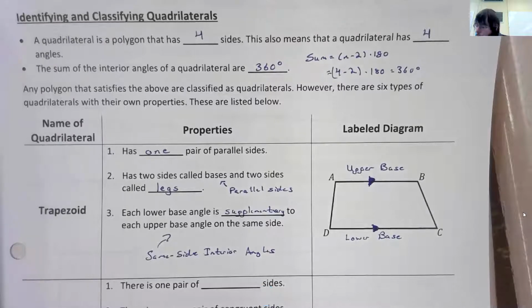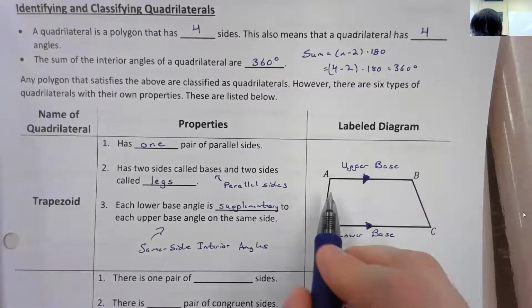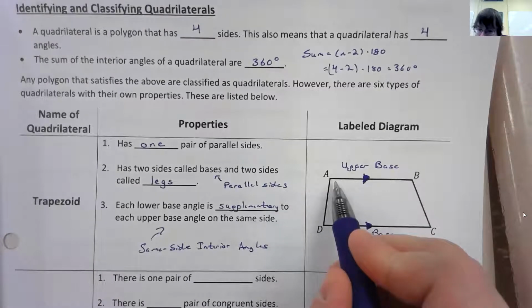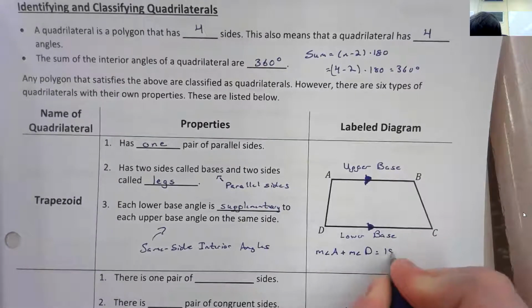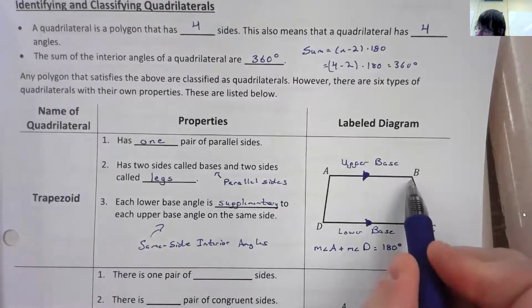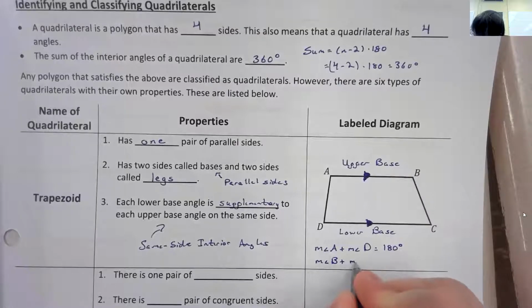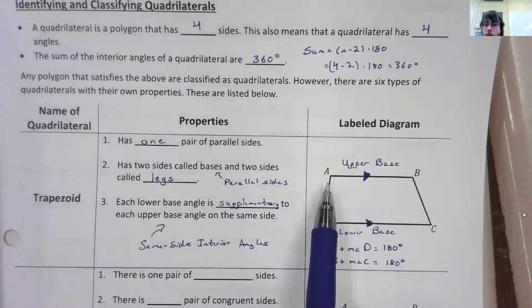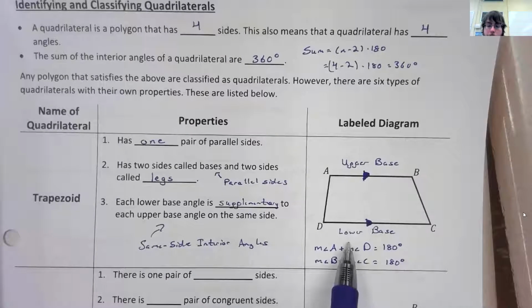So down here underneath the trapezoid, I'm going to write that statement here. So A and D are supplementary. So the measure of angle A plus the measure of angle D equals 180 degrees. And then the measure of angle B plus the measure of angle C is equal to 180 degrees. Now note, A and B added together do not equal 180.